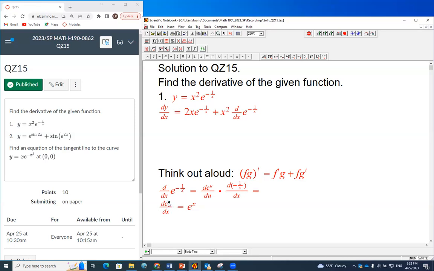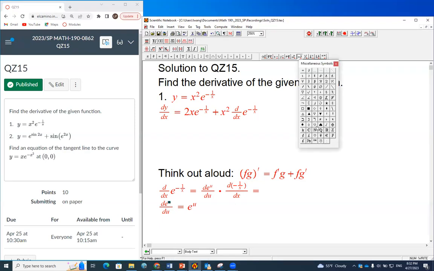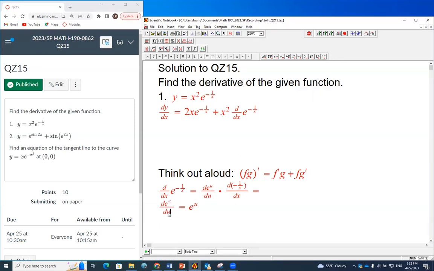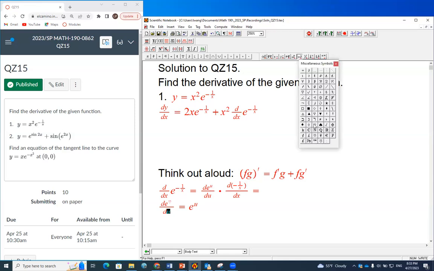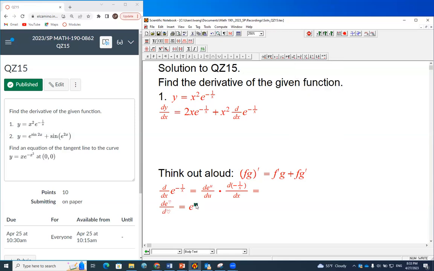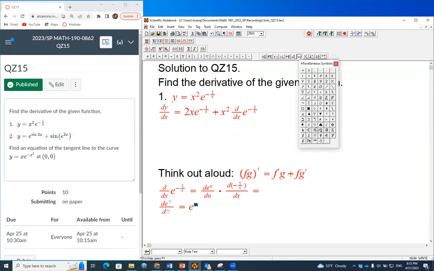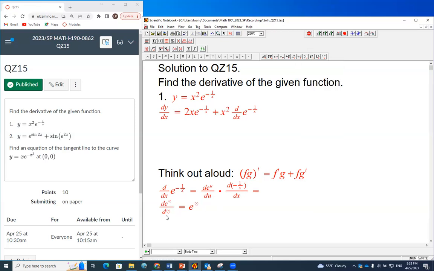If this is x, then the derivative of e to the power x will be e to the power x. If this is u, and that is u, this is going to be e to the power u. If this is another symbol, say a heart, then this is going to equal e to the power of heart. It's that consistency that's important.